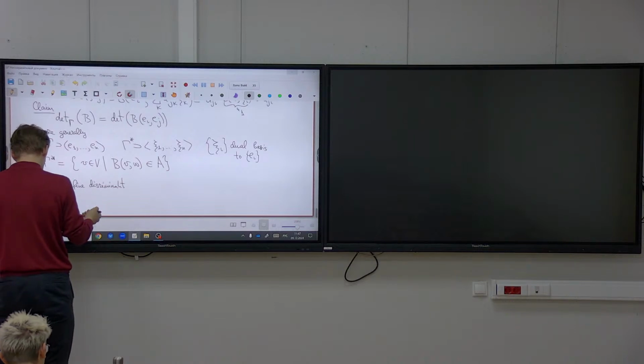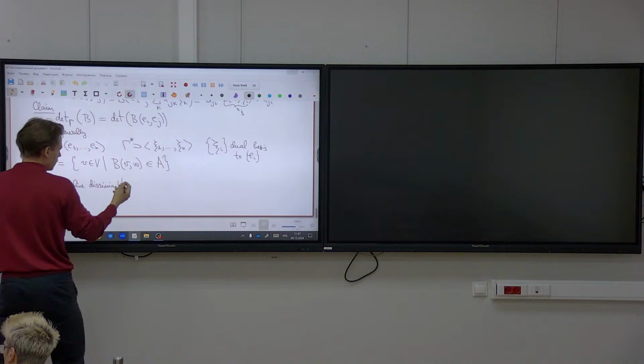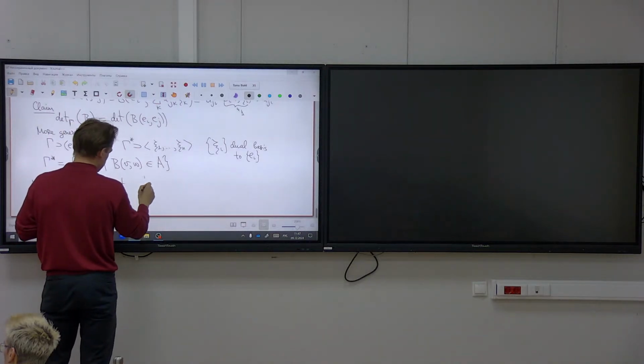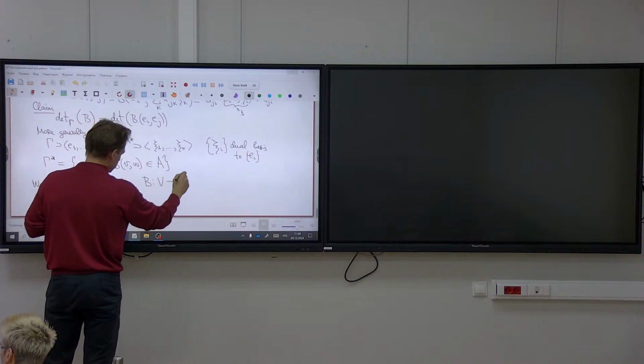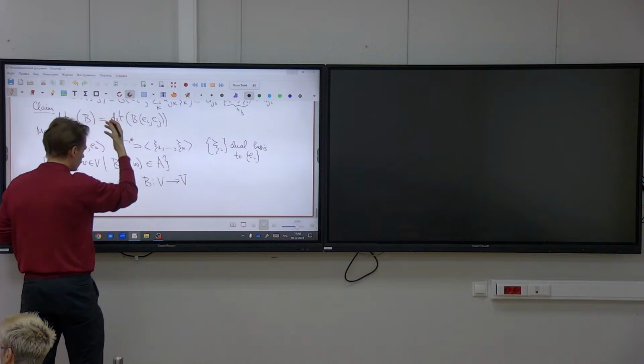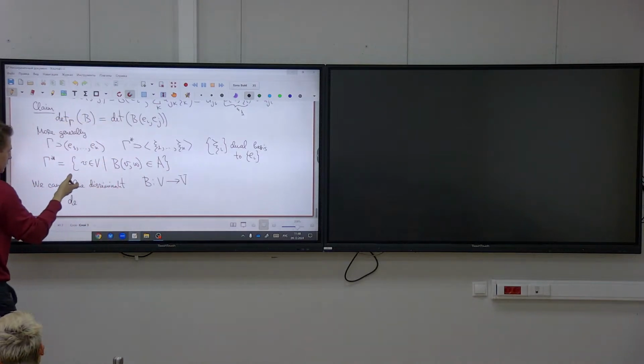So this is the determinant of phi. You can consider B as a map from V to V dual, the corresponding phi.